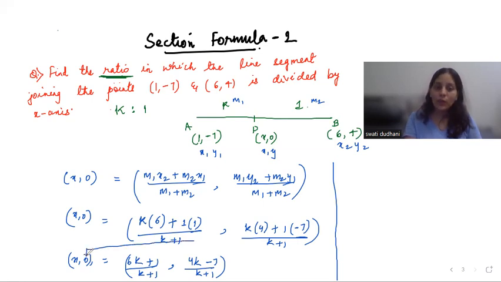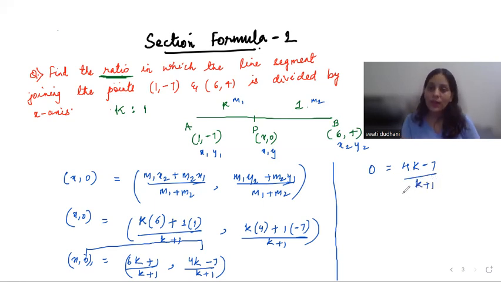So we can equate the y coordinates, which means 0 is equal to 4k minus 7 by k plus 1. We cannot take the x coordinate, because if I equate the x coordinates, I will have two unknowns, which is not easy to calculate.